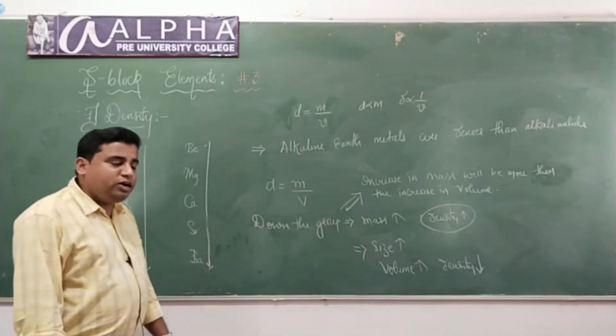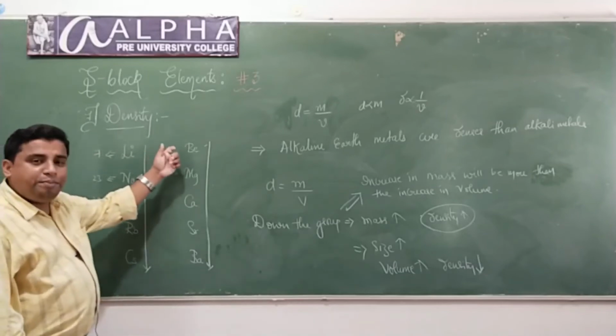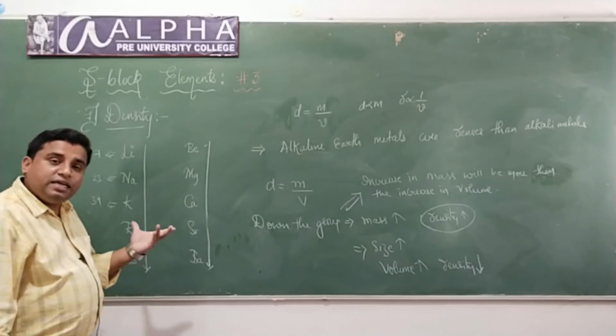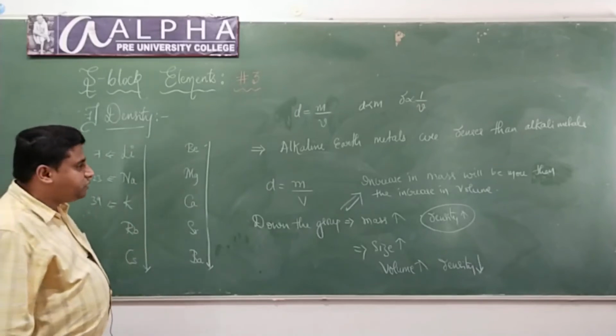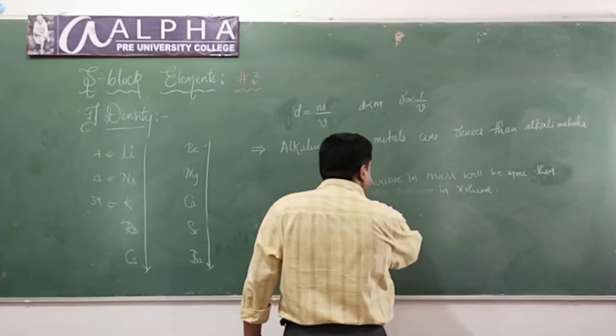So what should happen to the density from lithium to cesium? It should increase. What should happen to the density from beryllium to barium? It should increase. But there are exceptions here. Let us understand those exceptions.